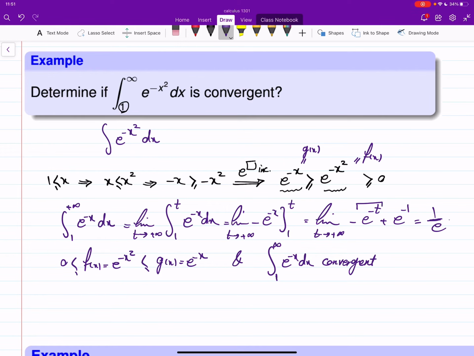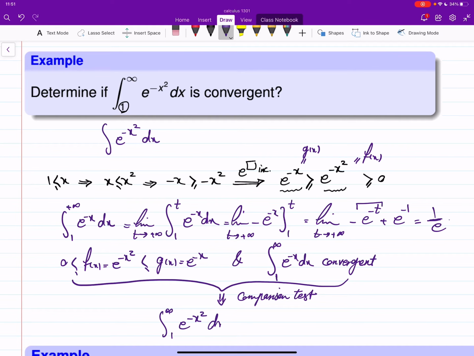Okay? Then as a result of the comparison test, the smaller one, which is what we started to look for, has a convergent integral.